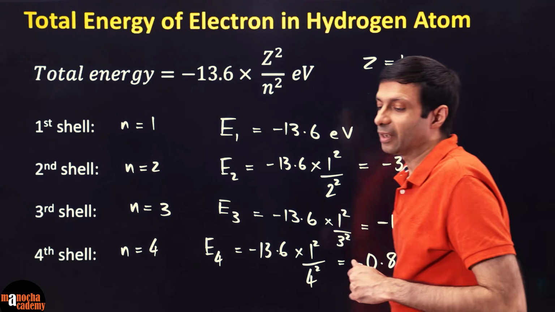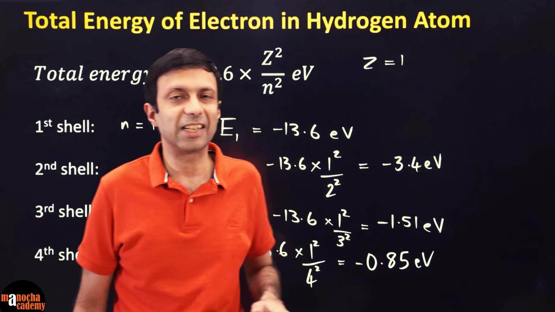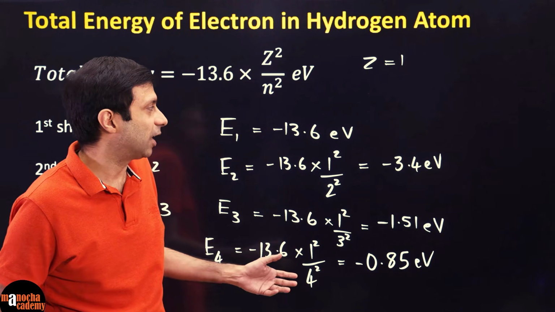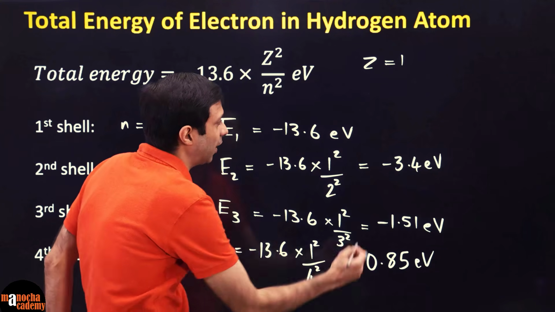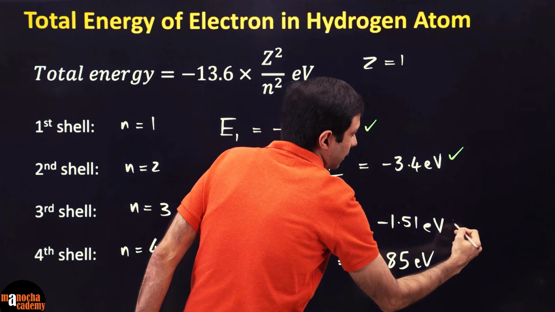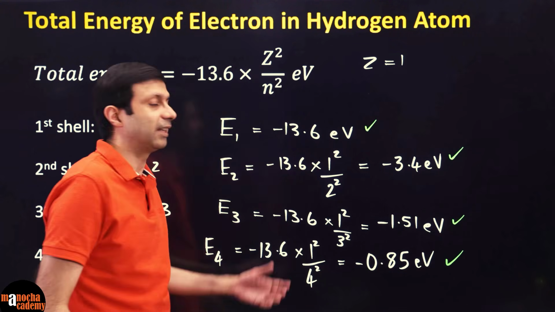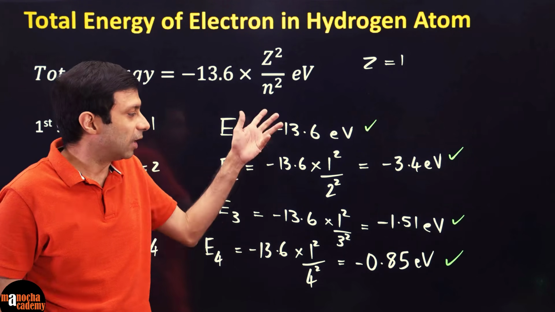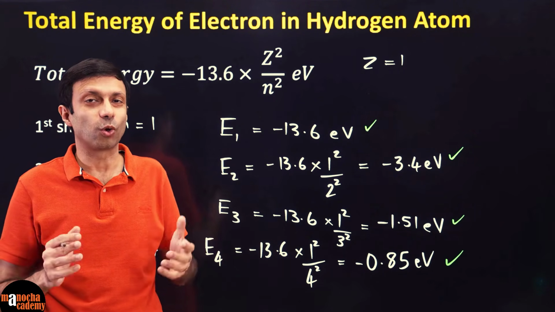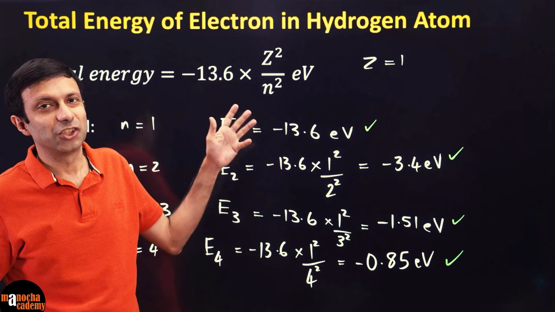And these are all the energies of the first shell, second shell, third shell, fourth shell in the hydrogen atom. It is useful to remember these values, okay, because you'll see them again and again and they are used in questions. So you should learn up these 4 values of the total energy of the electrons in the shells of the hydrogen atom.